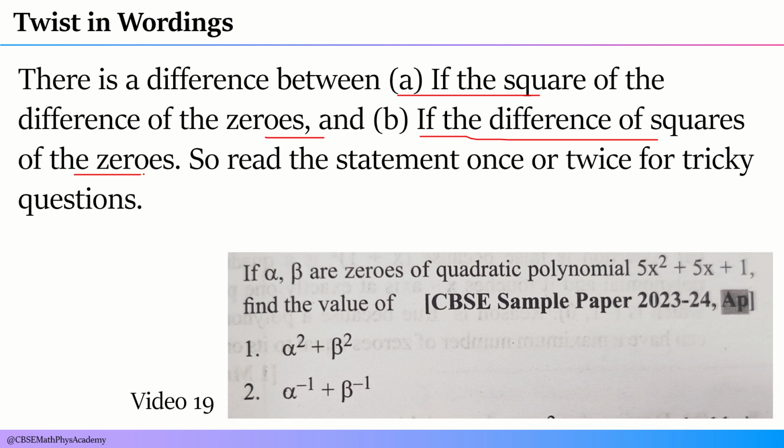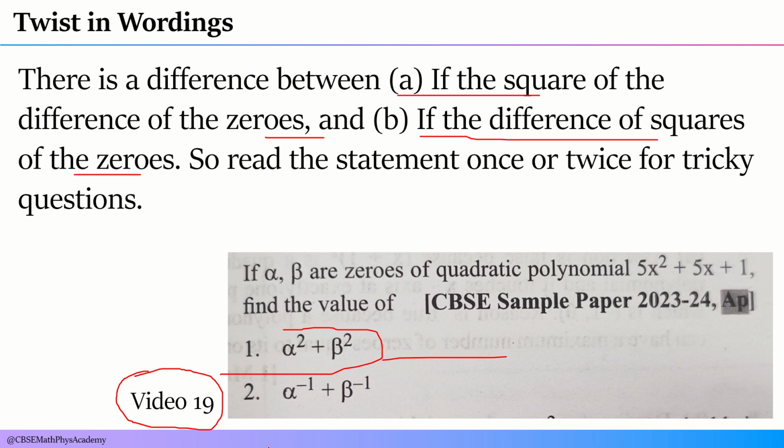For a moment, both look the same, but both have totally different meanings. You can find these kinds of problems in video 19, where I discussed problems in which you find these special forms of alpha and beta. It could be alpha square plus beta square, or alpha square minus beta square, or alpha plus beta whole square, whatever. There are some special forms. So check video 19 if you have not already done so.